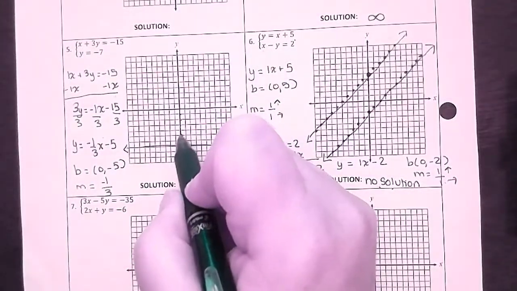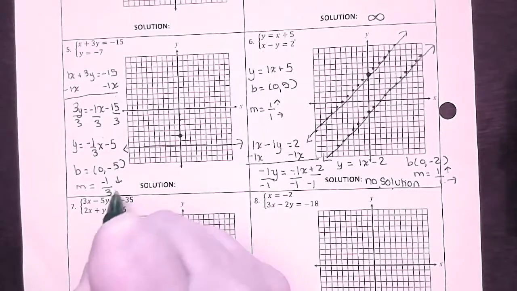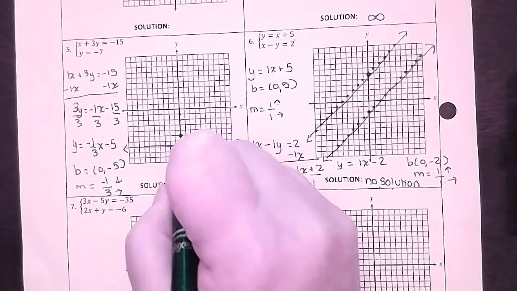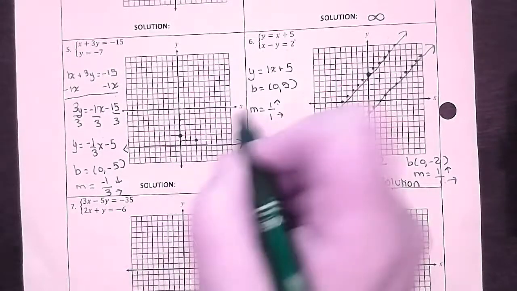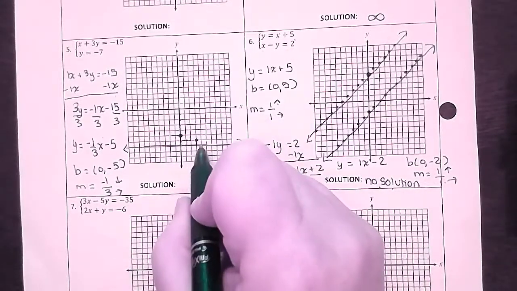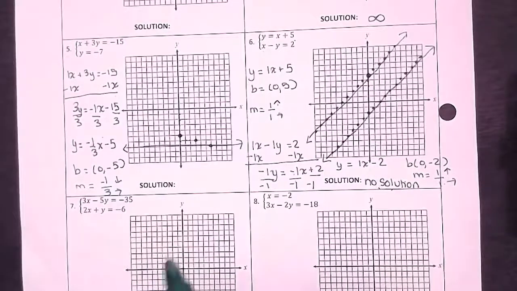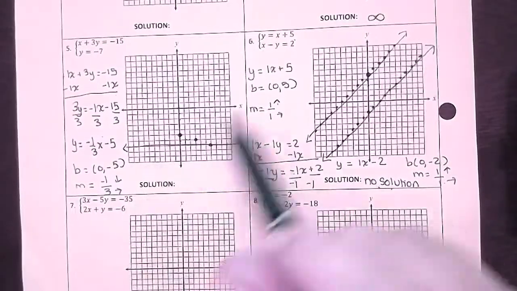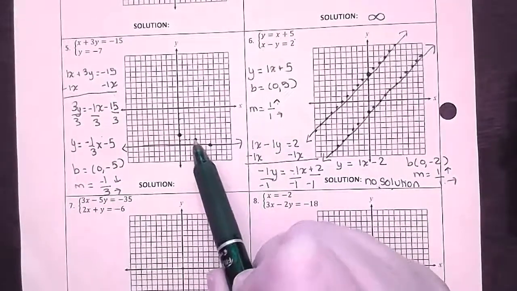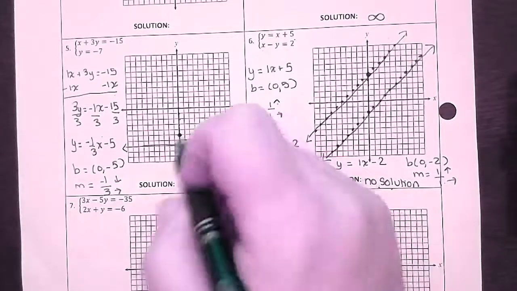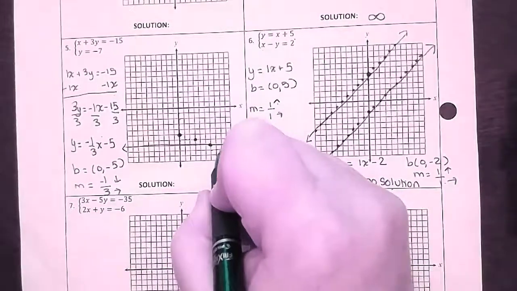And I go down 1 over 3. So I go down 1 over 1, 2, 3. Remember to go through the whole process of the slope in order to do that. Notice that I hit this line when I went down 1, but I had to still go over 3. Okay? It should look like a straight line when you're done.